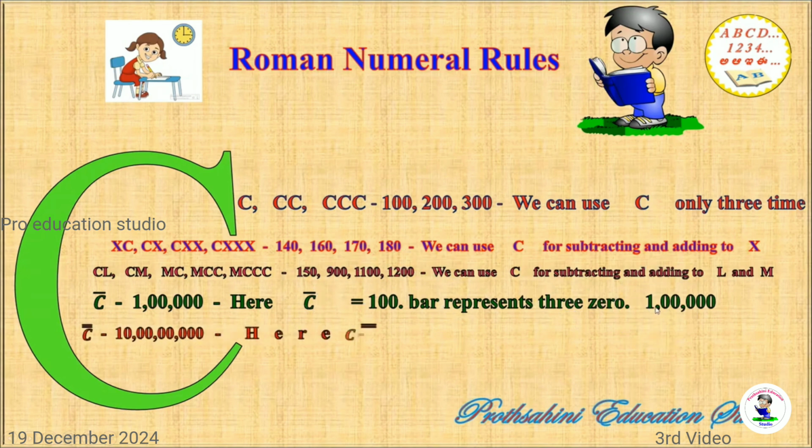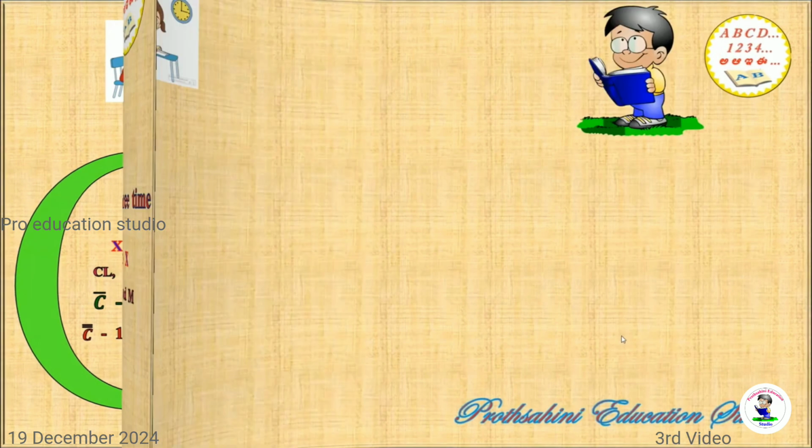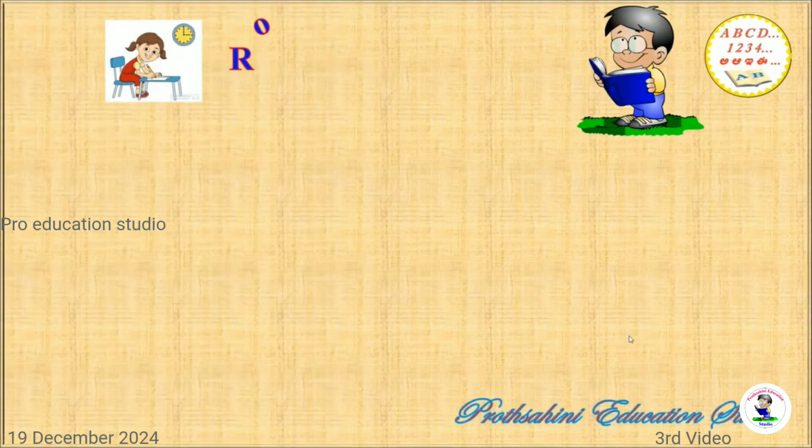Like that only, C double bar represents 10 crores. Here C double bar is equal to 100, and the double bar represents 6 zeros, so that is 10 crores.